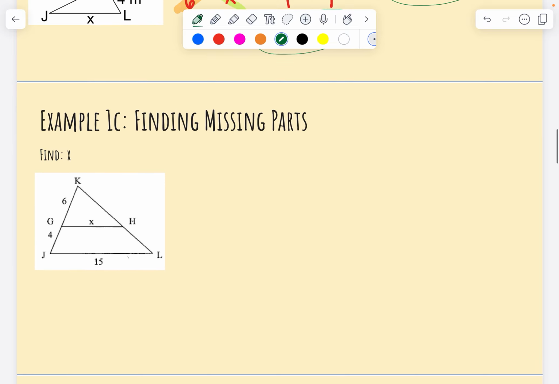Let's look at this one. Here we're going to redraw it. So we have a smaller triangle here, triangle GKH. So I'm going to draw that.